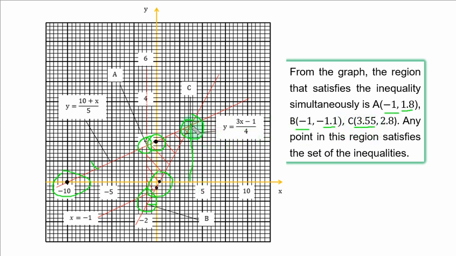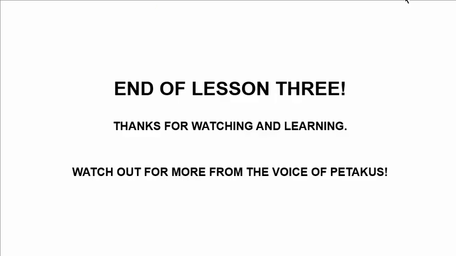And if you trace this point to the y-axis, you have 2.8. So from the graph, the region that satisfies the inequality simultaneously is A, B, C. Any point in this region satisfies the set of the inequalities. End of lesson 3.